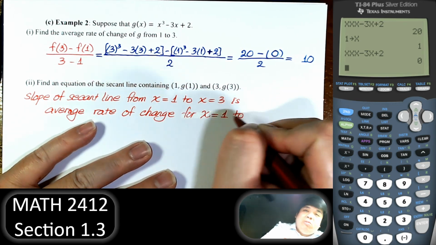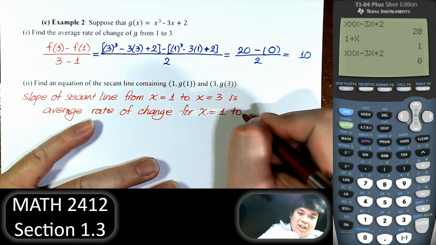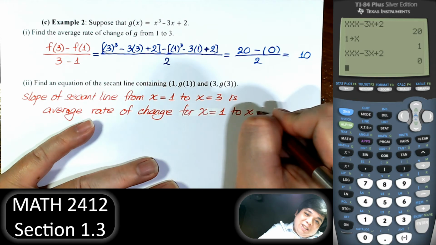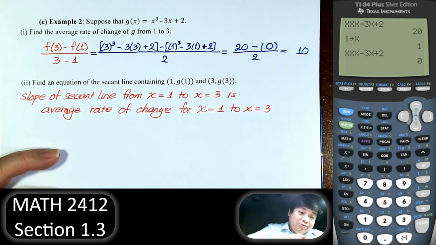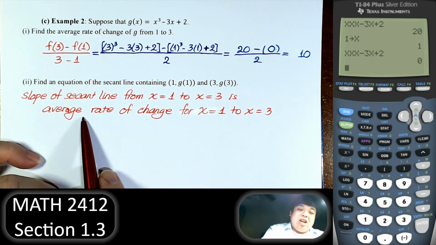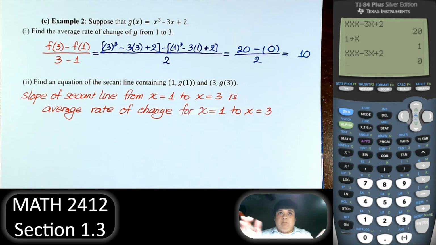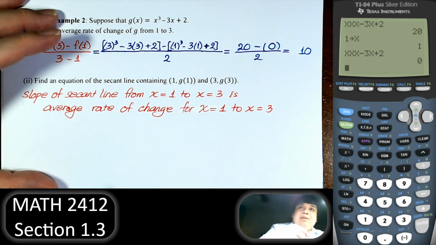I usually prefer using pencil, but writing in pencil is difficult to see on this camera, so I may use this more often than I want to. Right, so the slope of the secant line is the same thing as the average rate of change on the same interval from 1 to 3. So in this case, the slope is equal to 10.